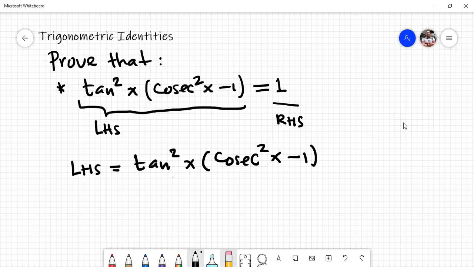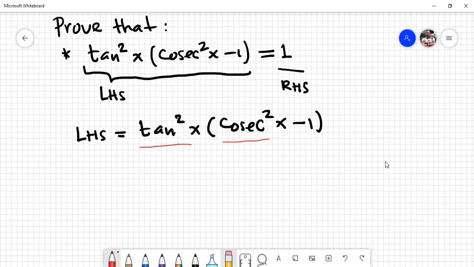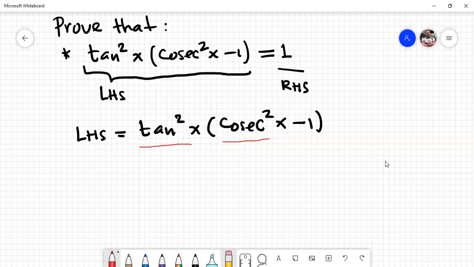Here we have tangent and cosecant: tangent square x, cosecant square x. Now, can you remember the identities for tangent and cosecant? Can you remember what you can write?